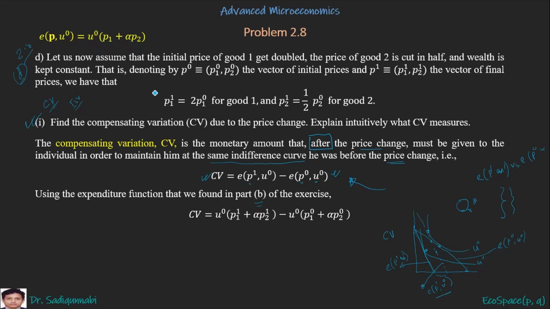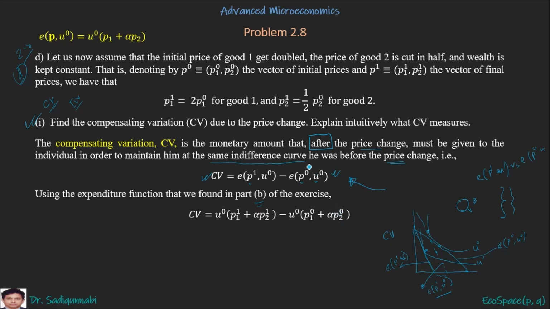So E(P1, U0) means U0 times (P1 superscript 1 plus alpha P2 superscript 1), minus E(P0, U0), which means U0 times (P1 superscript 0 plus alpha P2 superscript 0).